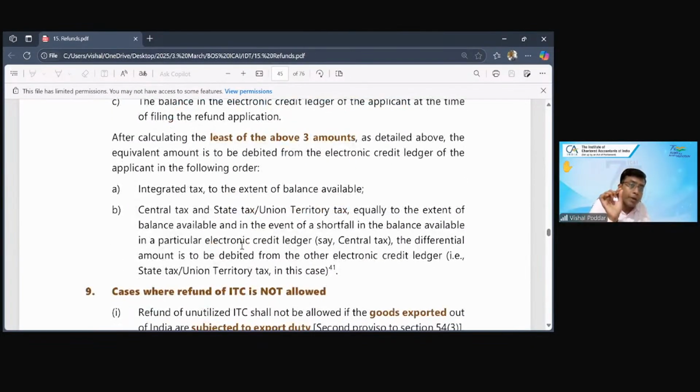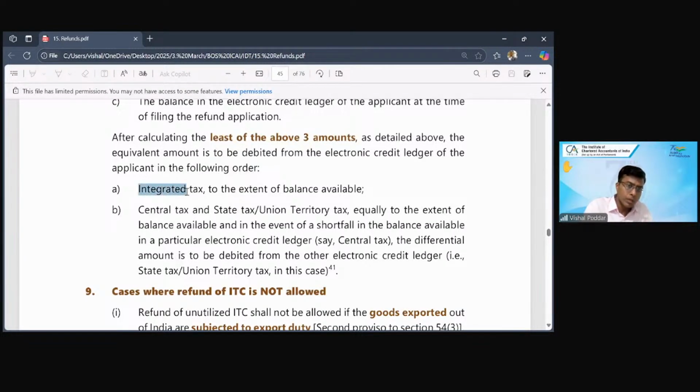Now I have to debit my credit ledger today. So while making the application for this refund, whatever refund, let us say this 1,000, I want to take from the government, I will be debiting it from my credit ledger, because to that extent the credit ledger balance has to reduce, because you are going to get the refund. Now, while debiting it, I have to debit it in this order, in this sequence.